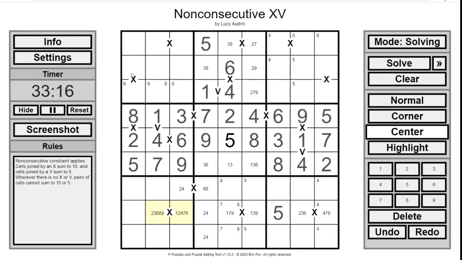Alright, what about this? So we know this space can't be 7 or 9. So it's either 6 or the lower bound. So it could go 6, 4. Can't be 2, 8. Could be 1, 9.